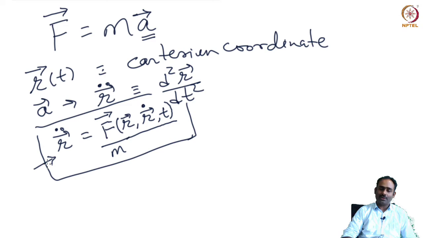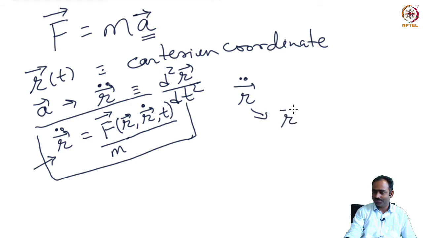Now that has to come from your experimentation experiences. When you say it is second order in a time derivative, it means that the solution will involve two constants of integration. When you integrate it first, you will get down from r double dot to r dot, and you will have a constant of integration, let's call it C1, which cannot be determined by this equation; that's a physics input.